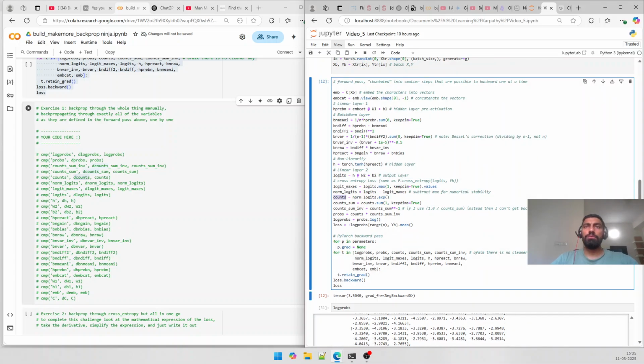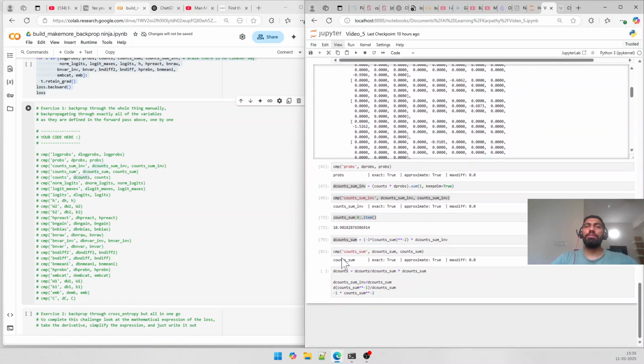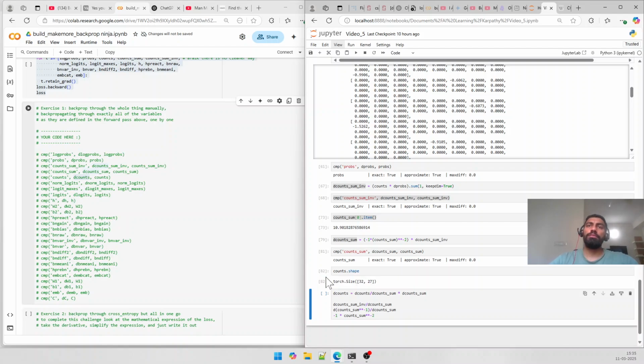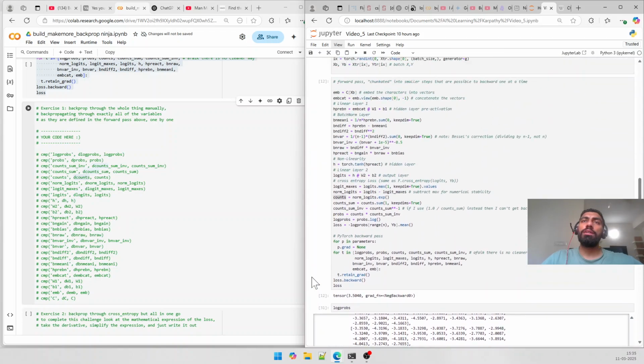D count is 32 cross 27, so that's how we want the response to be. So D count is anyway the summation. Okay.